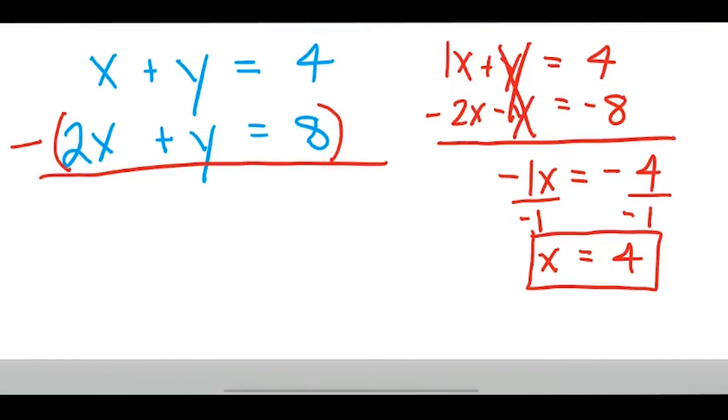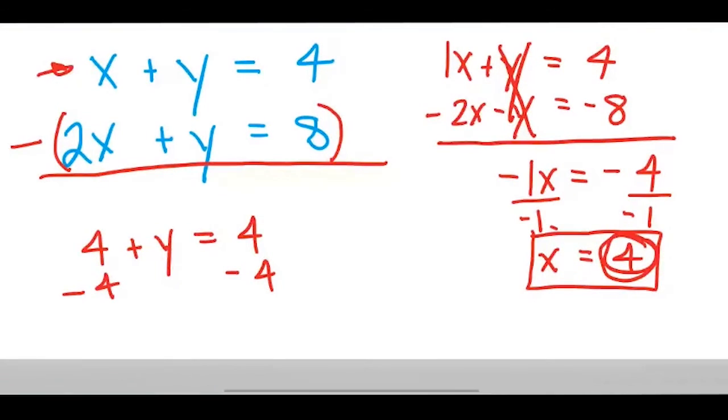Now I need to find y. So what I'll do is I'll take this x value of 4 and I'm going to plug it in to this equation right here. So I'll change that x into a 4, so it becomes 4 plus y equals 4. Now I'm going to subtract 4 on both sides.